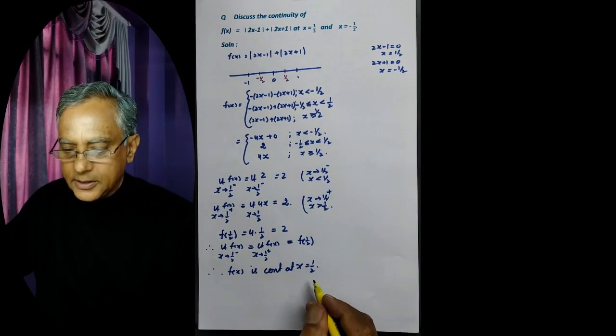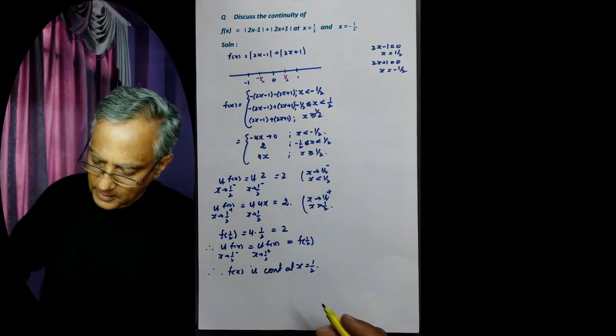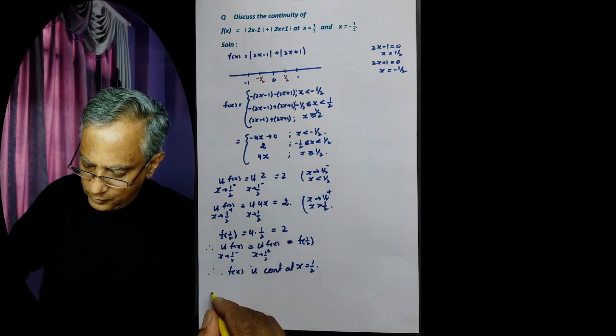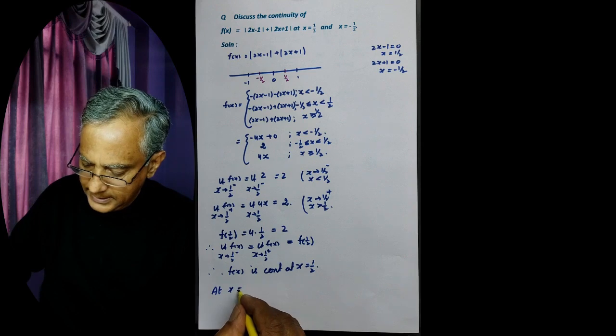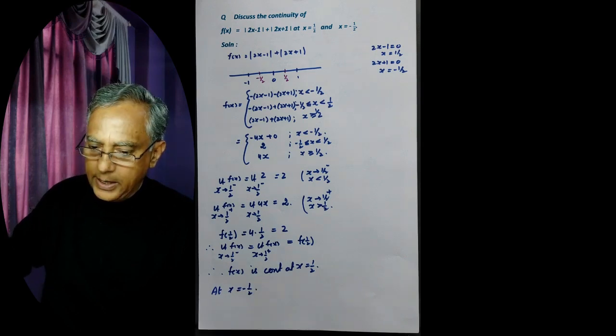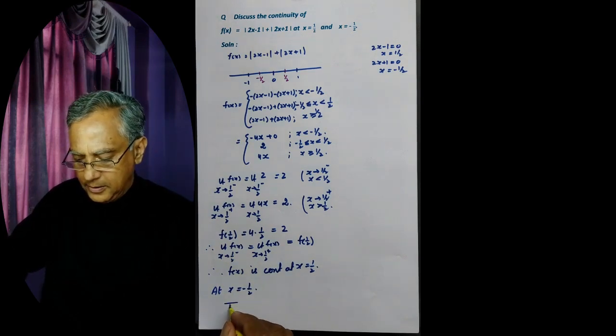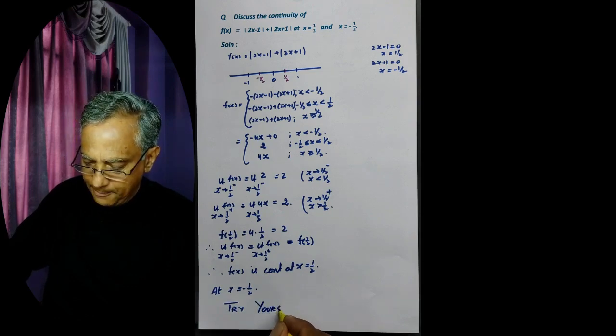Therefore, f(x) is continuous at x equal to half. At x equal to minus half, you can try yourself. This is simple.